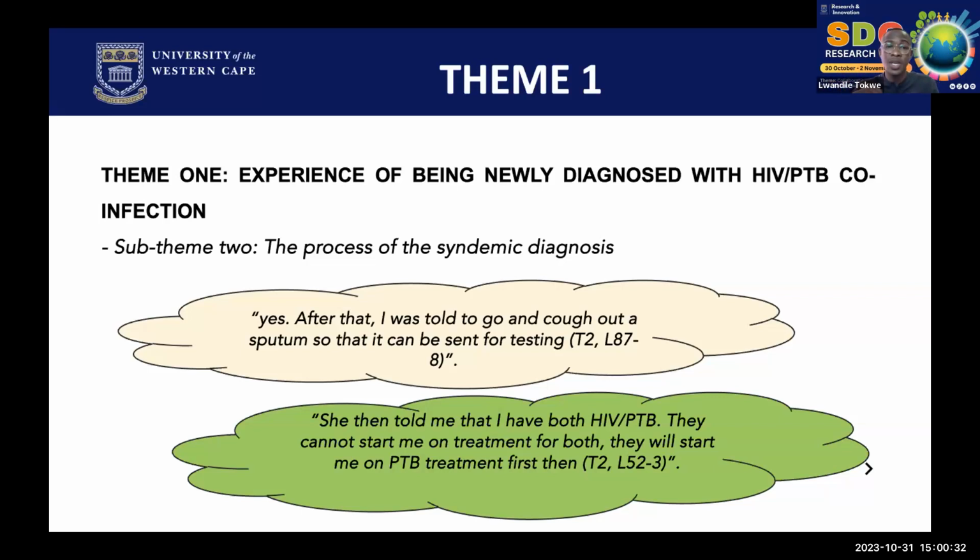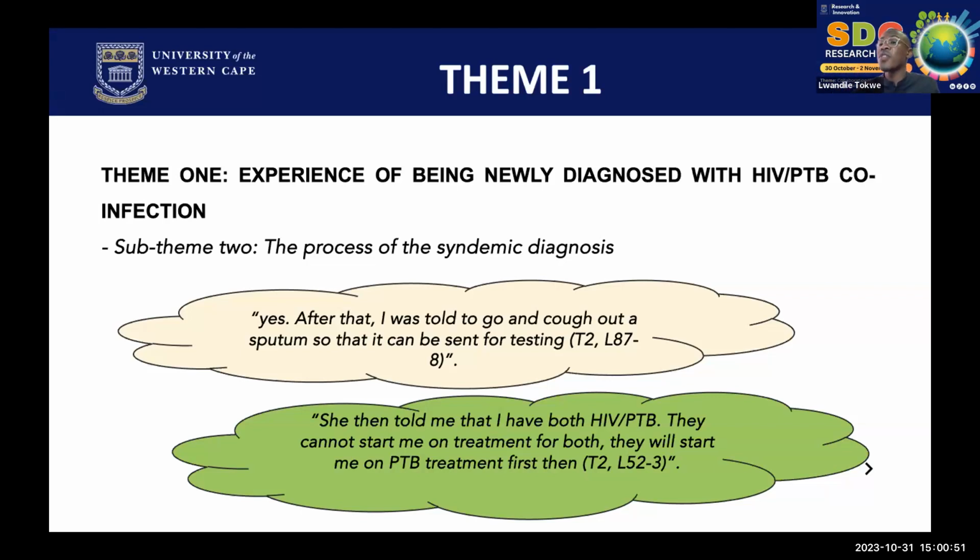For instance, some mentioned that they had to cough up sputum for GeneXpert, while others were diagnosed using a chest X-ray, while others were diagnosed using what we call the LAM test, which detects pulmonary tuberculosis from urine samples.